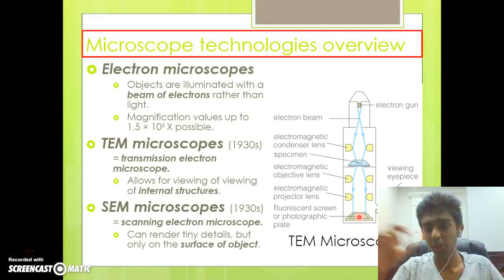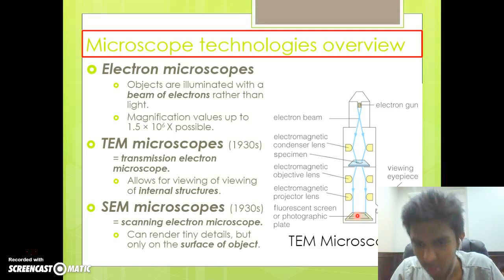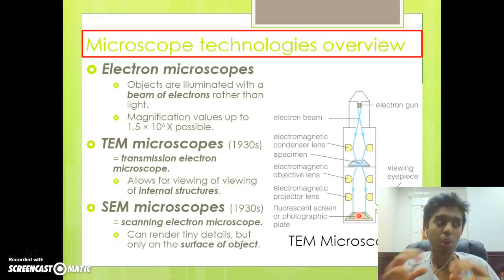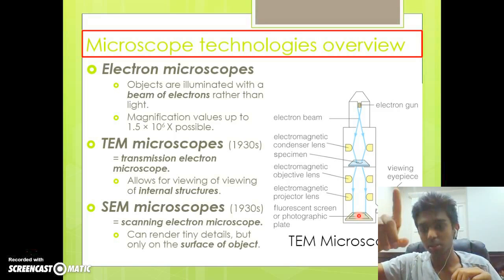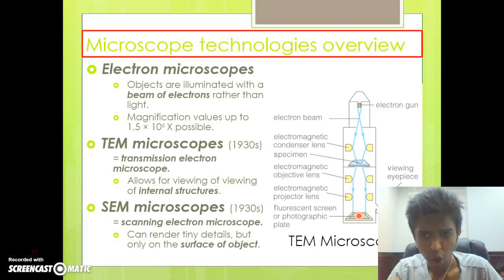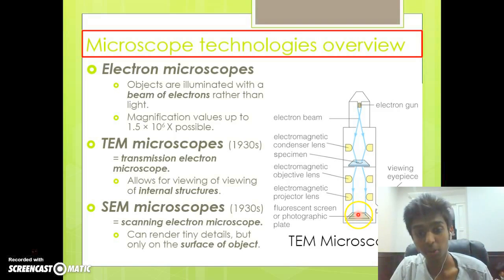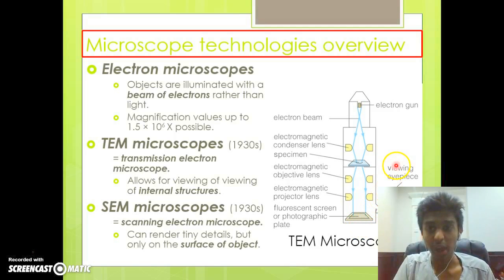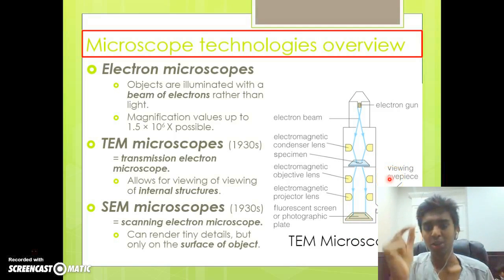So when these different electrons bounce, there's shapes that are formed where the electrons were not able to pass, and this gives you the surface or the structure of the actual object. And the electrons that do manage to make it to the fluorescent screen are recorded and then transferred to a computer or through the viewing eyepiece as observed here. So we can actually see much greater details of the object itself.